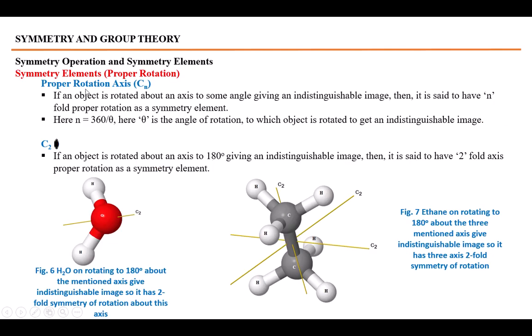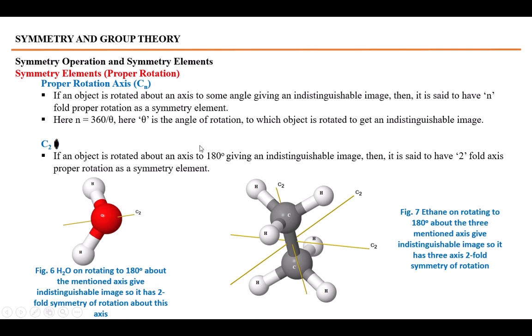The second symmetry element is the proper rotation axis. If an object is rotated about an axis through some angle, giving an indistinguishable image, then it is said that this object has an n-fold proper rotation as a symmetry element.